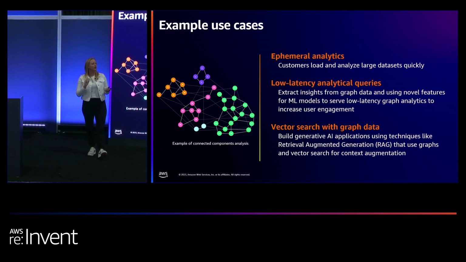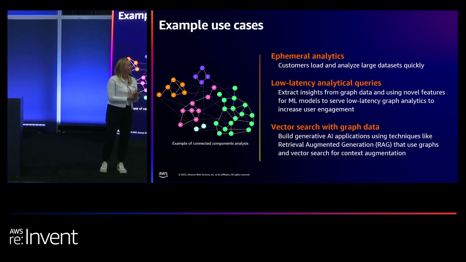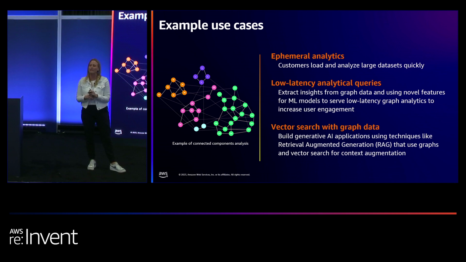The third way that our customers are loving using Amazon Neptune Analytics is for doing vector search with graph data. We have an early customer who has been experimenting with how they can reduce the cost of their wet lab experiments by determining candidate drugs that may be relevant for testing in the pharmaceutical industry.